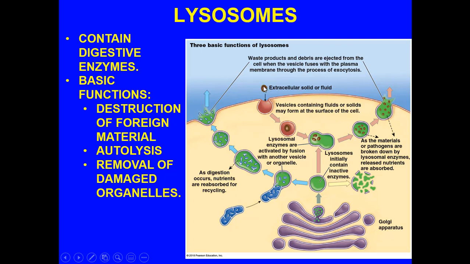If some substance, solid, a fluid, basically a food particle, etc., gets brought inside by endocytosis, you now have this very interesting little membrane-bound structure. But you got to break down what's in here.